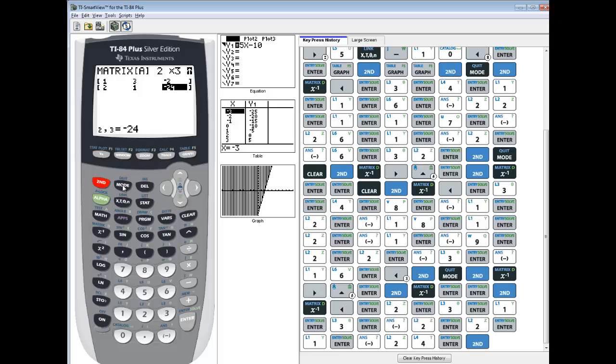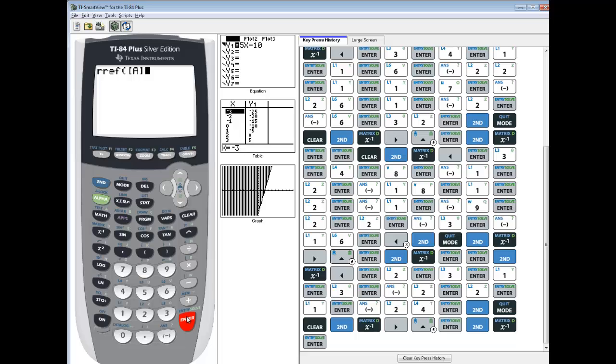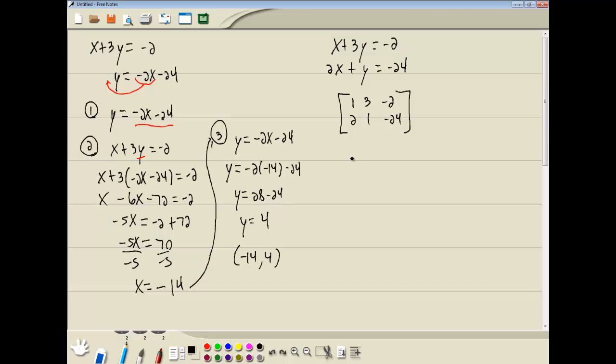Exit out, so I do second mode. I'll do my RREF, so I do second x negative 1, go into math, go into RREF, go back in matrix menu, choose A, enter again. And I got negative 14 and 4.